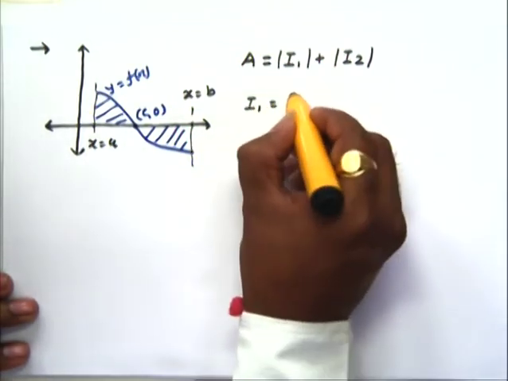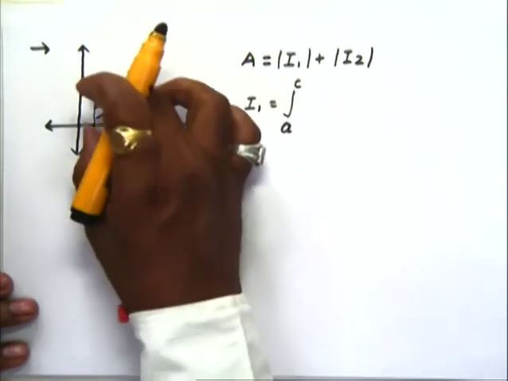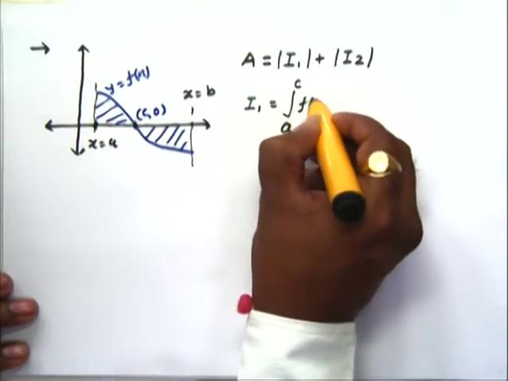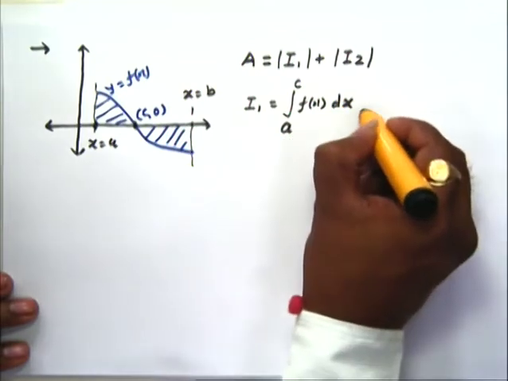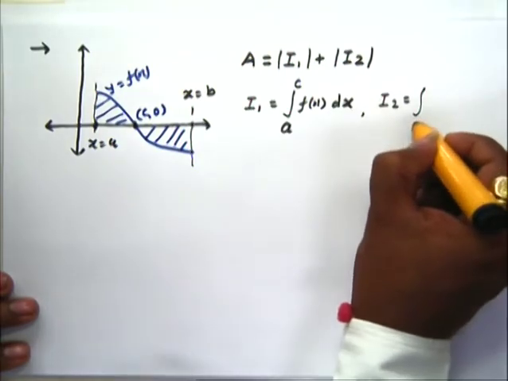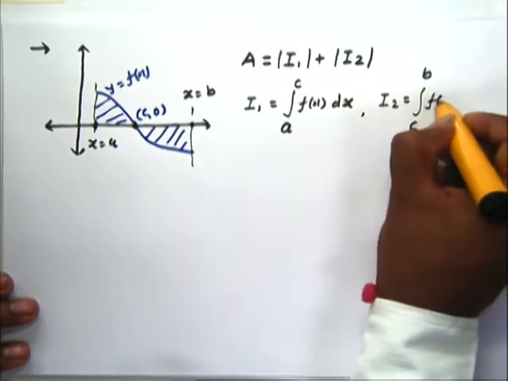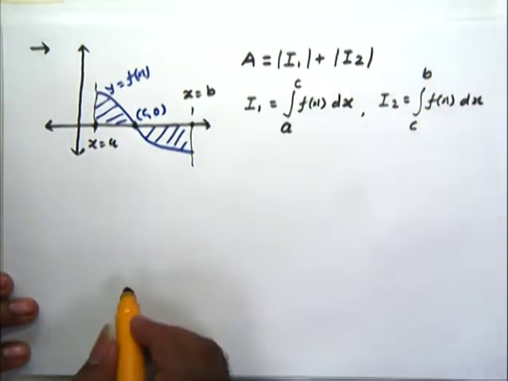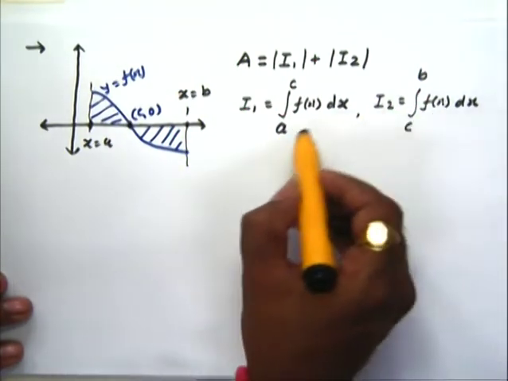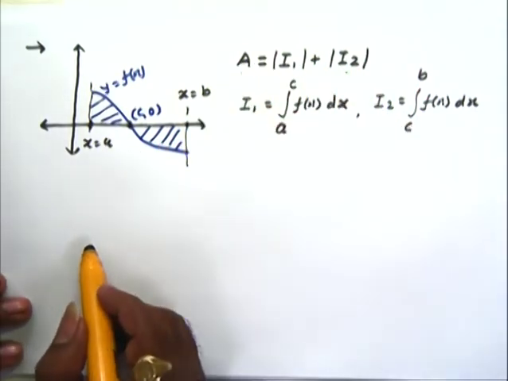I1 equal to integration a to c, only from this to this part, f(x) dx. And what is I2? I2 equal to integration c to b f(x) dx. So first of all we have to find this I1 and I2, then substitute the value here and you will get the required area.